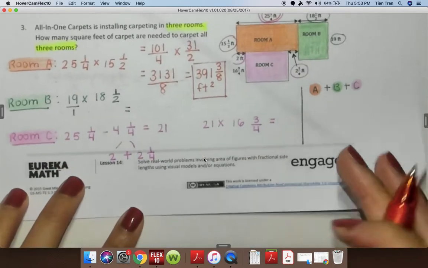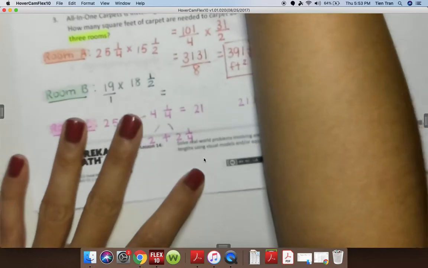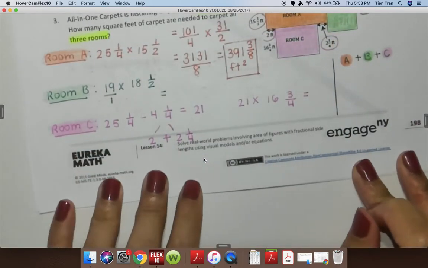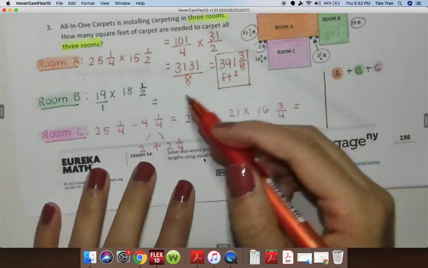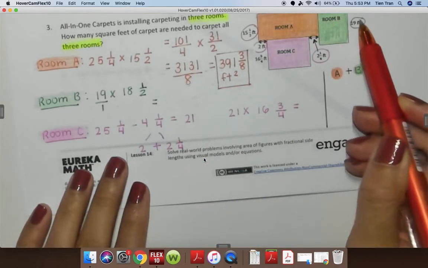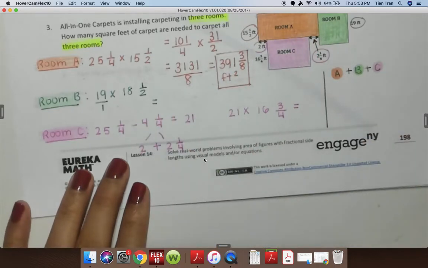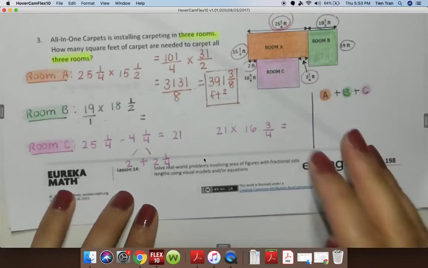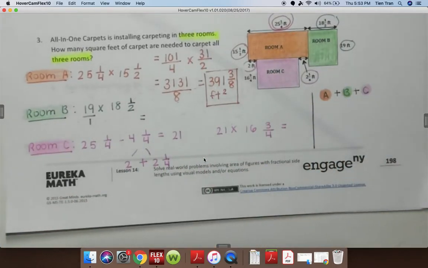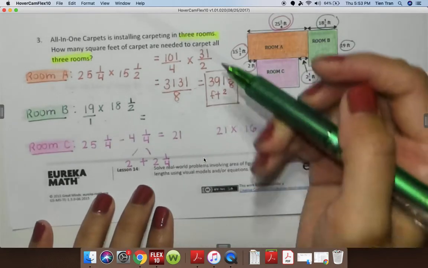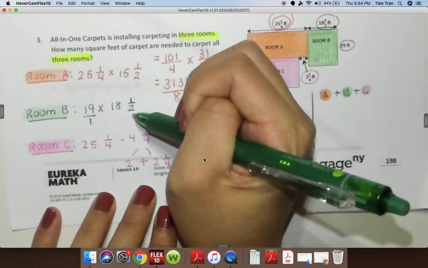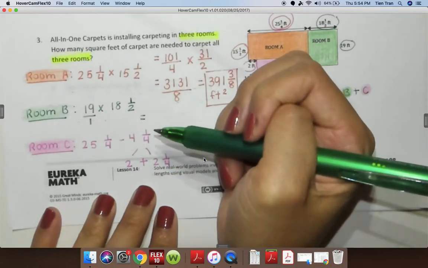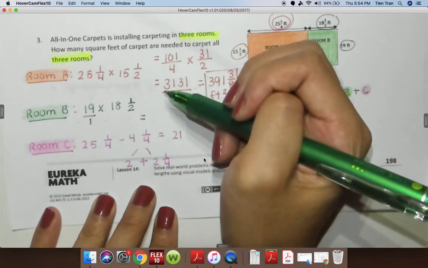For problem B, we have 19 feet times 18 and 1/2 feet. Those are where those numbers come from because I'm finding the area. I'm multiplying my room B. Okay, so I'm going to solve 18 times 2. So when I multiply 18 times 2, I'm going to get 36, and 36 plus 1 is going to give me 37.